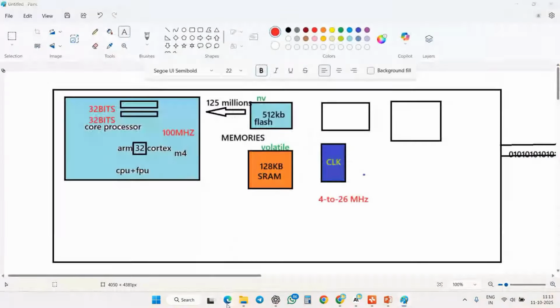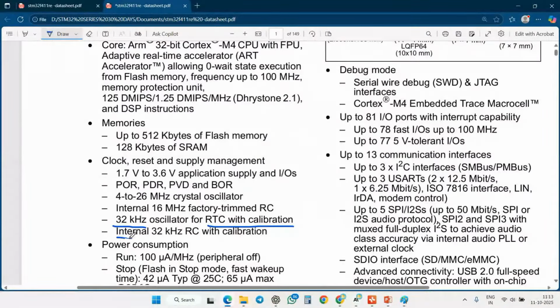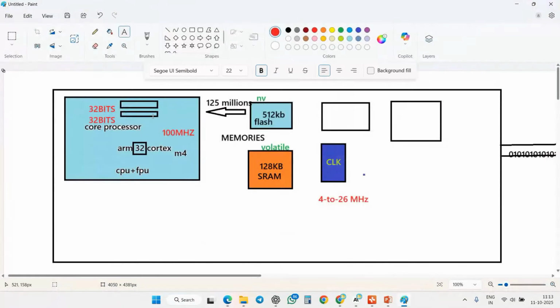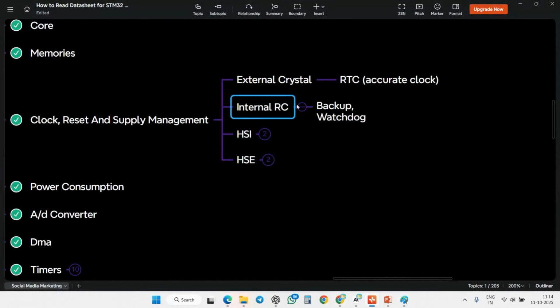Other than that, we have an internal 32 kilohertz RC calibration. At the same time, inside the core processor, we also have an RC trimmed oscillator, which can be used for internal purposes. So the first thing is 2 types, internal RTC.